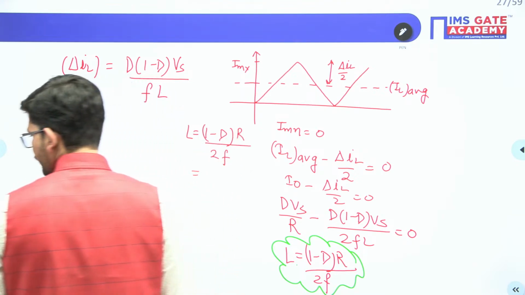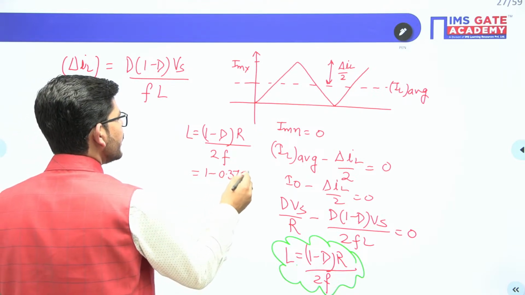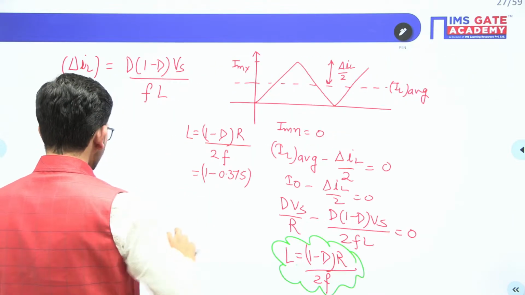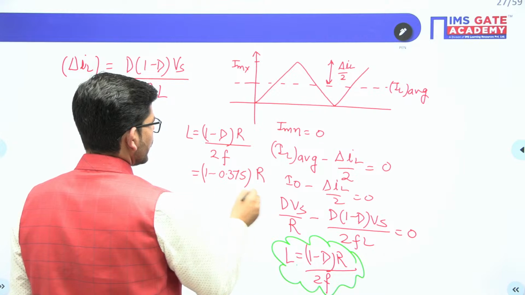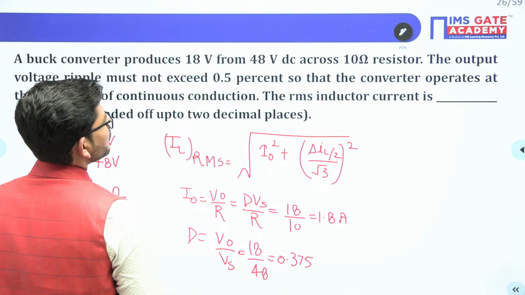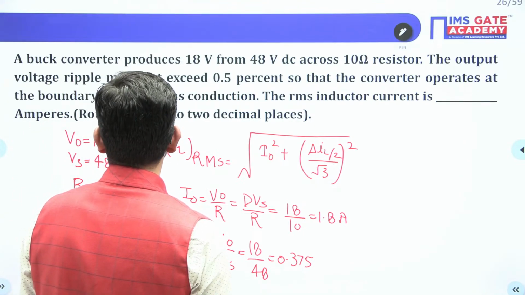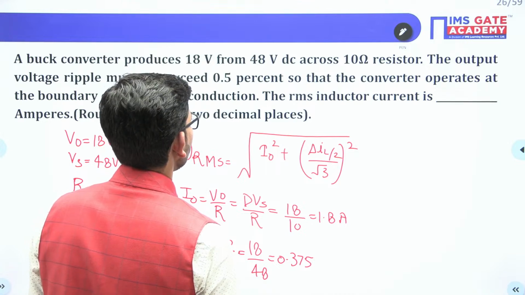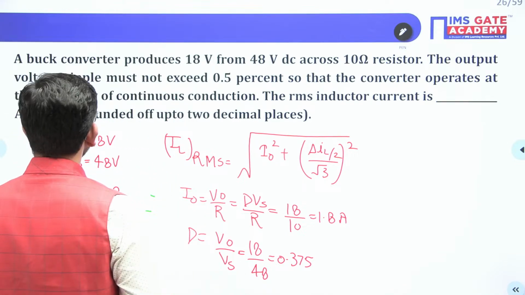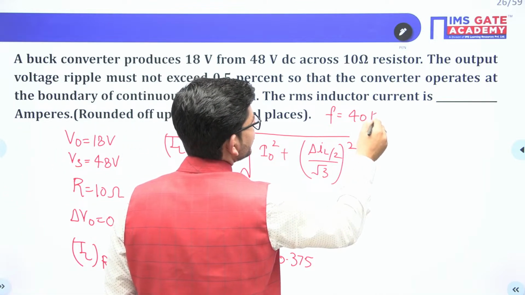What is the value of d here? D value is 0.375. What is the value of R? R value is 10. And how much is the frequency? Frequency is given to us... I think the frequency value is missed here. Take the frequency to be 40 kilohertz here.